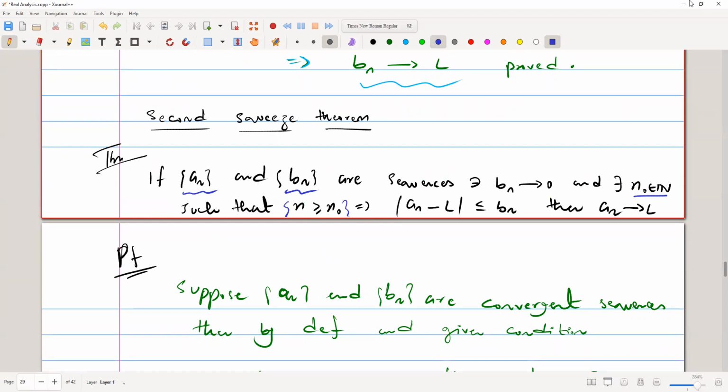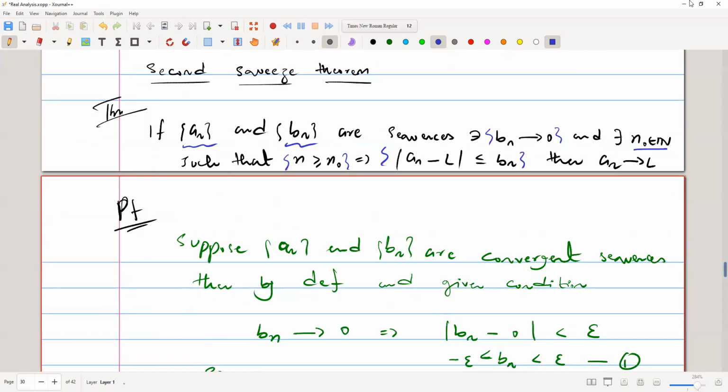This is important: |an minus L| is less than or equal to bn, and bn is a convergent sequence, a null sequence whose limit is 0. Then an also converges to its limit L.